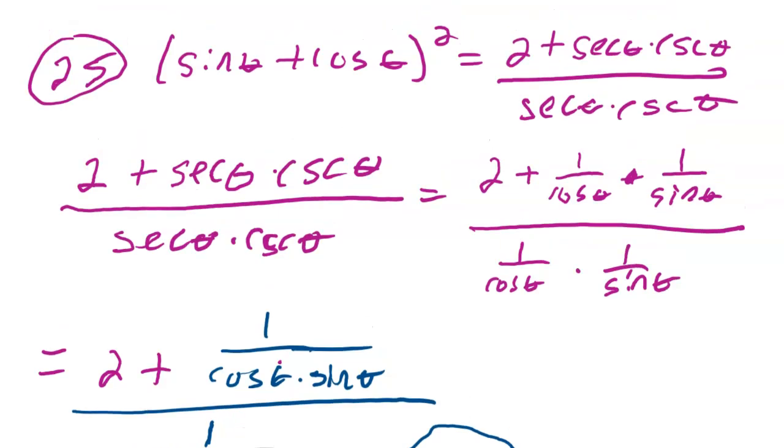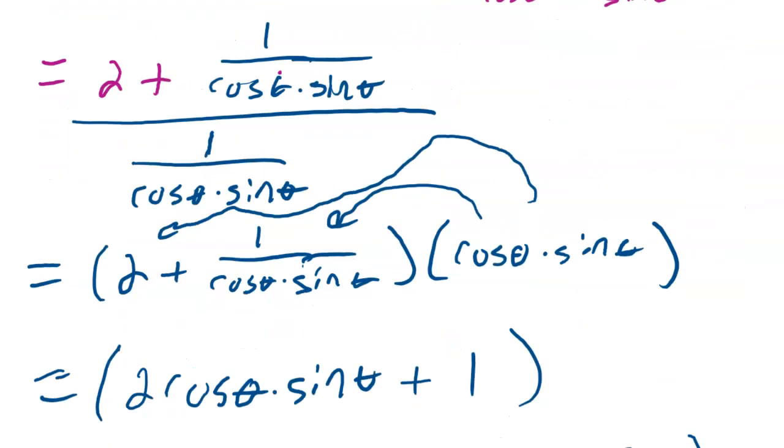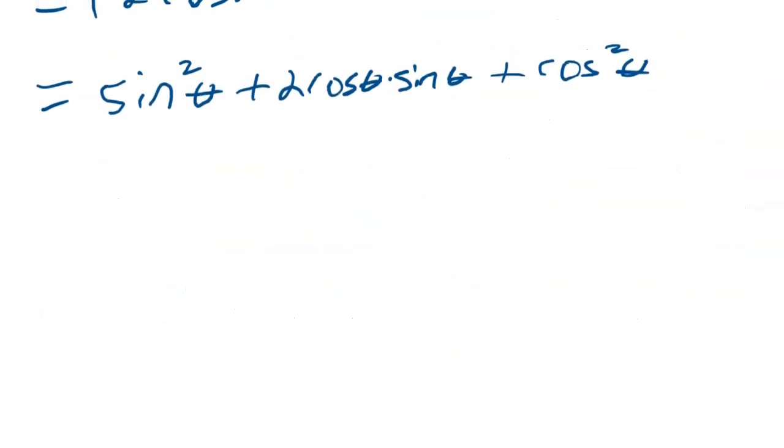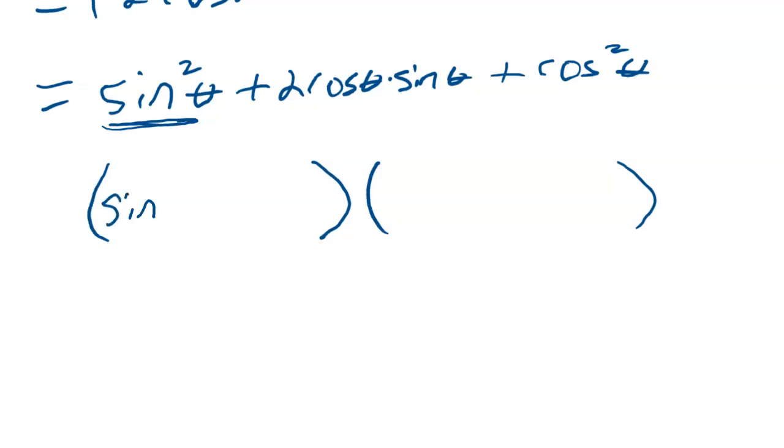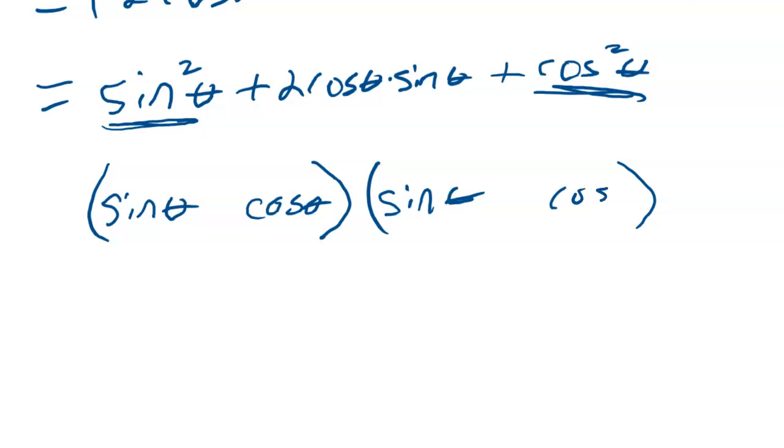And this is a quadratic. I'm guessing the intent is to go left to right. Don't know. This is a quadratic, but I really like this problem. All right, so what times what would give us a sine squared? This would be sine theta, this would be sine theta. And then what times what would give us a cosine squared? This would be cosine theta, this would be cosine theta.